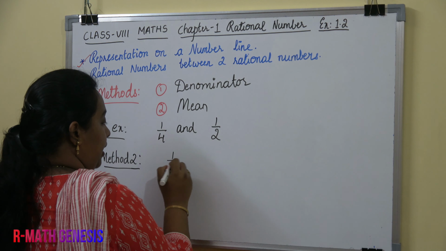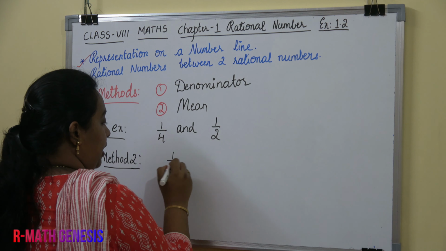So 1 by 4 plus 1 by 2 becomes 1 plus 2 is 3 by 4, into 2 by 1, that is divided by 2. 2 1s are 2, 2 2s are 4, so we get the answer as 3 by 8.